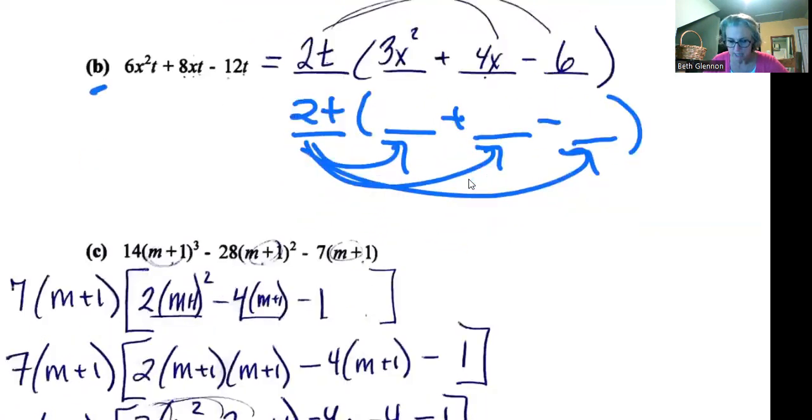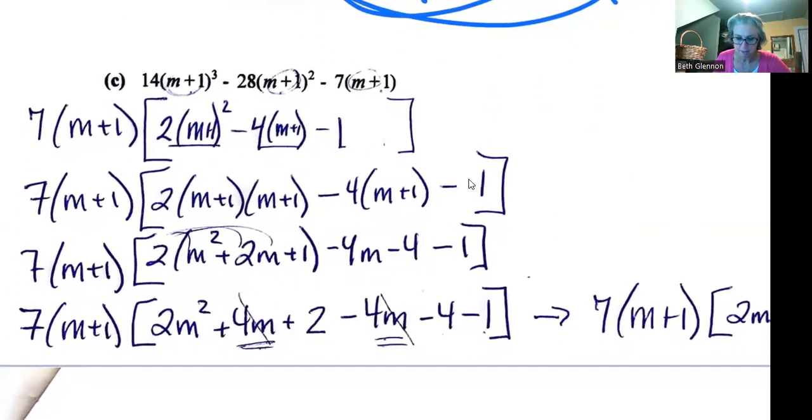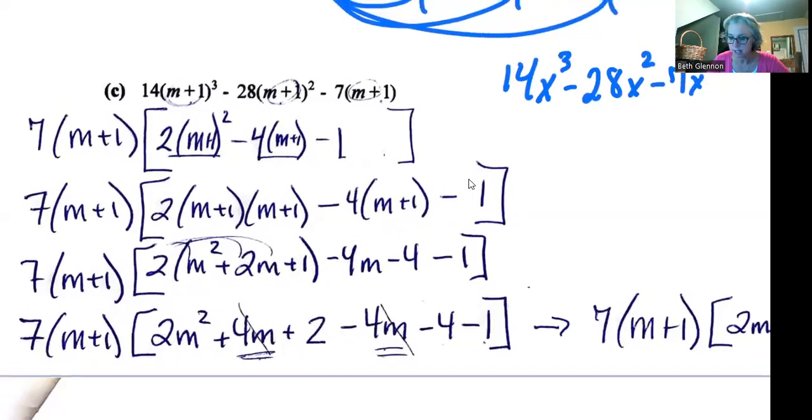And then we get to question C. If I were to change this question, let me change it and just say to you, 14x to the third minus 28x to the second minus 7x. What would you say is the greatest common factor?